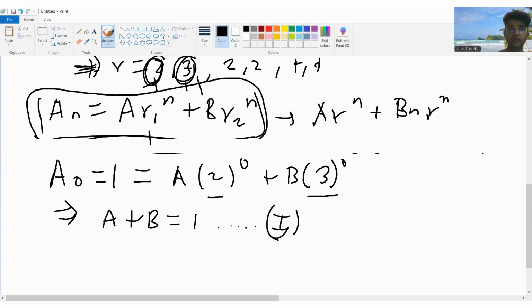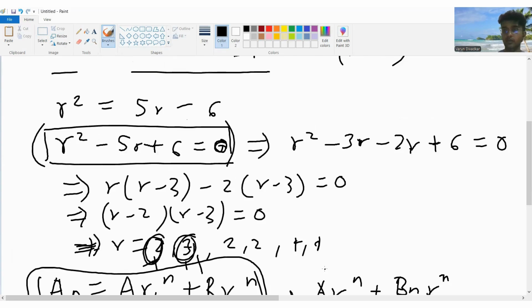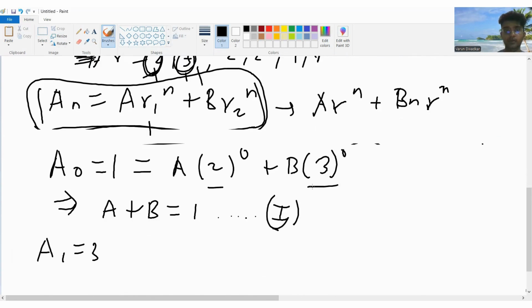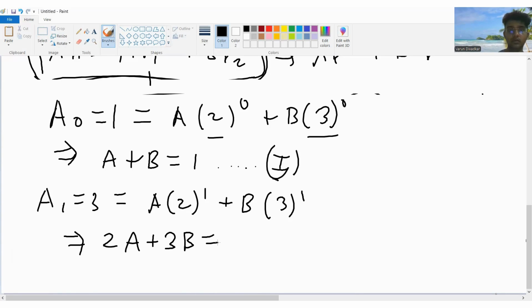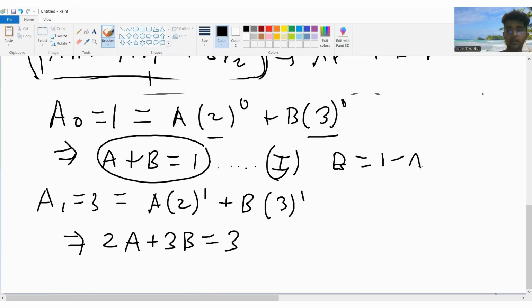Second, a1 equals 3. So a1 equals 3 equals a into 2 raised to 1 plus b into 3 raised to 1. This implies that 2a plus 3b equals 3. From the first equation, b equals 1 minus a. Let's substitute this in this equation.